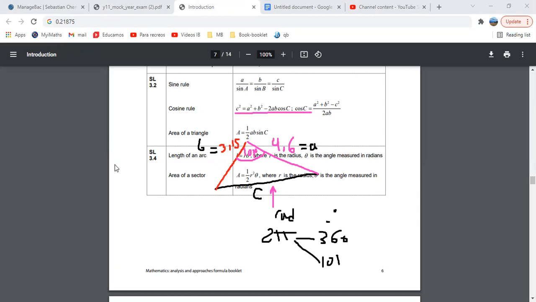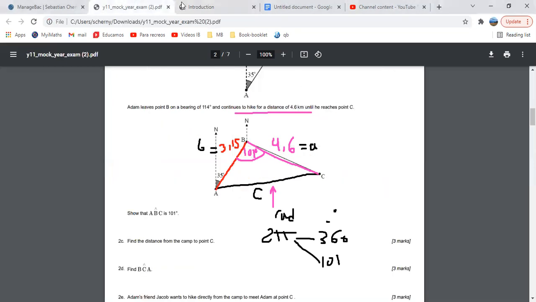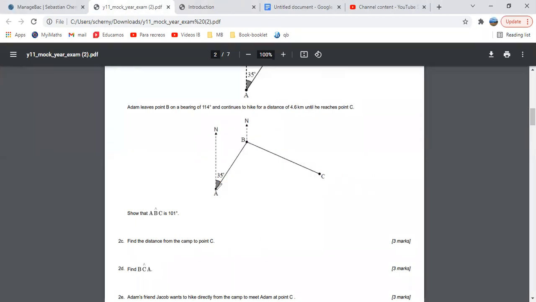To 3 significant figures, this is 6.05, the solution for C. And in which unit? Kilometers, right? Because everything is in kilometers.